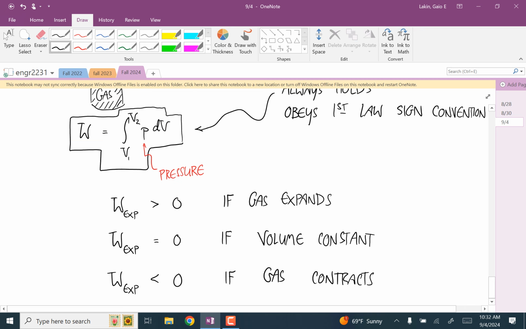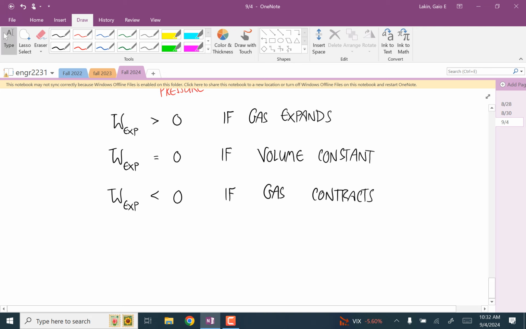Okay, well, when can you compute this integral? This integral is always true, but that doesn't mean that you have the information you need to calculate it. So when do you have enough information to compute this integral?